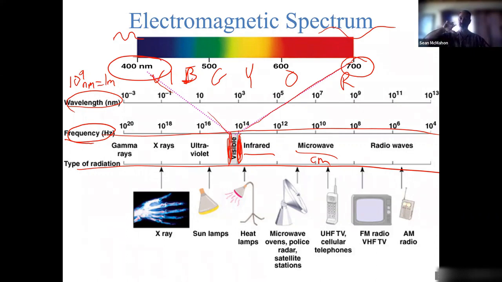If we go even further and get really, really long wavelengths, now we're talking TV and radio waves. Radio waves are so long, they go around us, right? They're not going in our eye or through us. They're going around us. They're so big, in fact, they go around buildings and they travel great distances. The only time they get some interference is if you have a range of mountains.